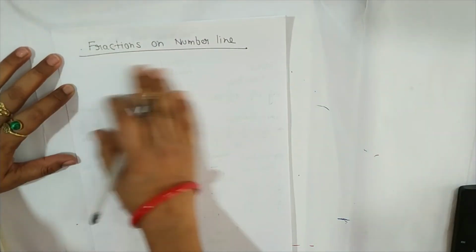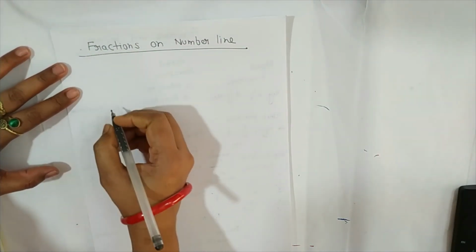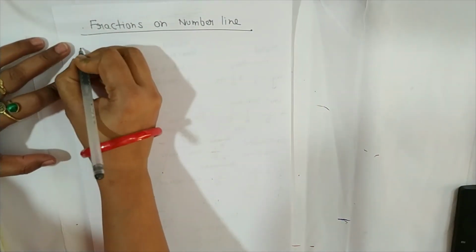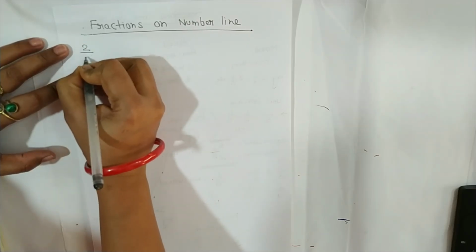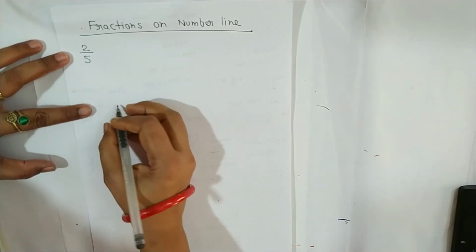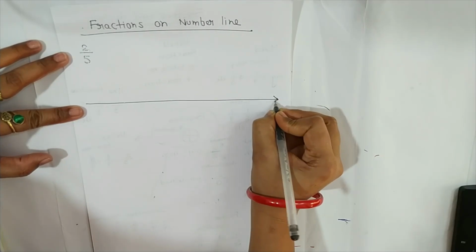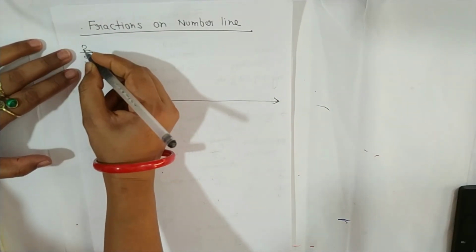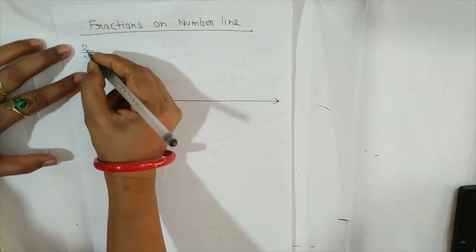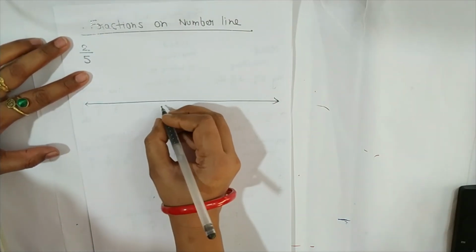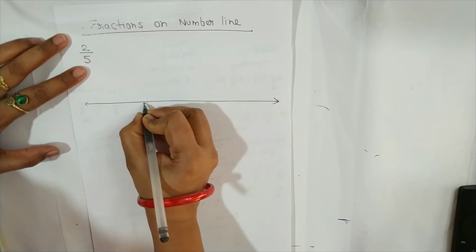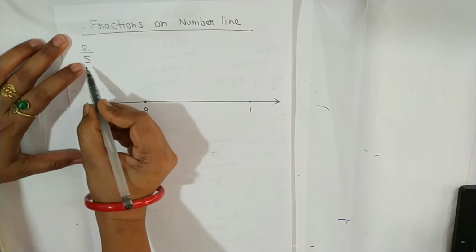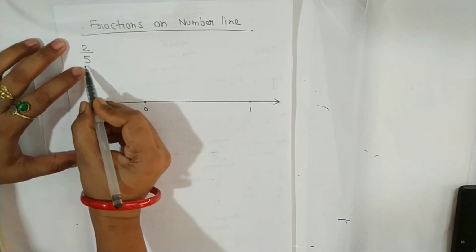Now we will learn fractions on the number line. How to represent a fraction on the number line. Suppose the fraction is 2 upon 5. So first we have to draw a number line. Then it is not a mixed fraction, it means it always lies between 0 and 1. So here I am writing 0 and 1. Then how many parts are required?